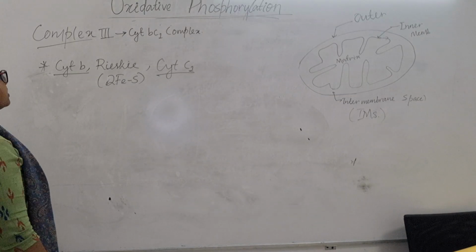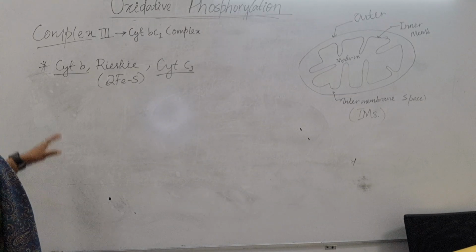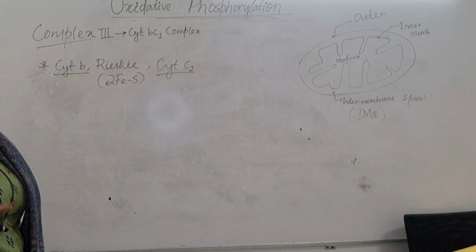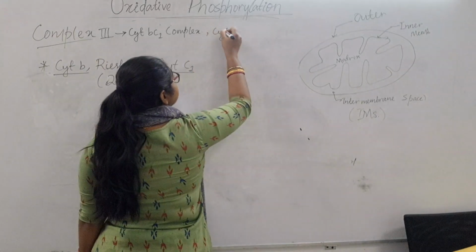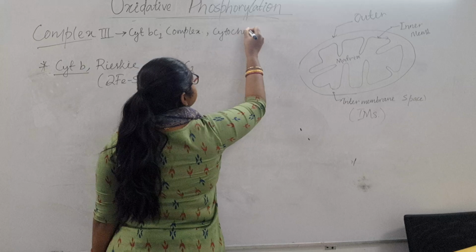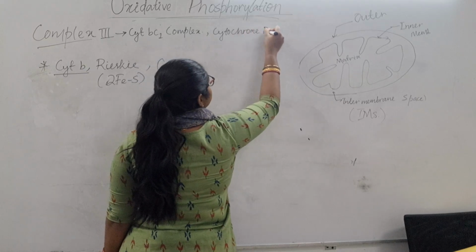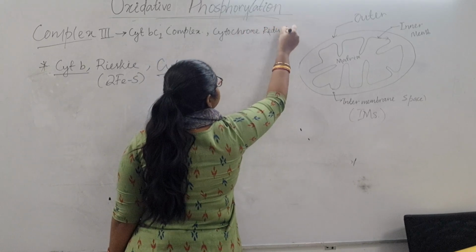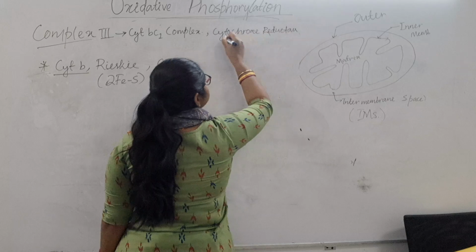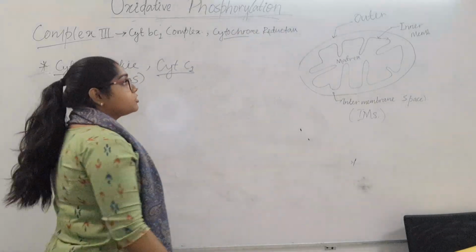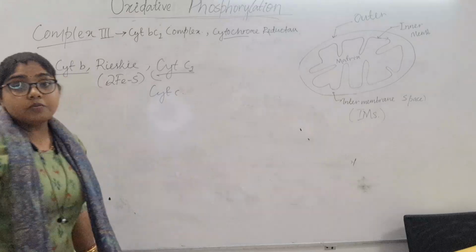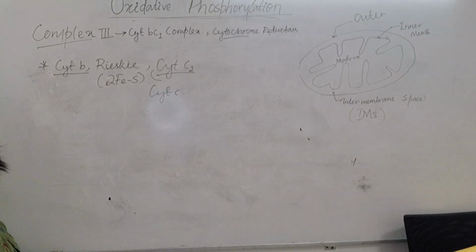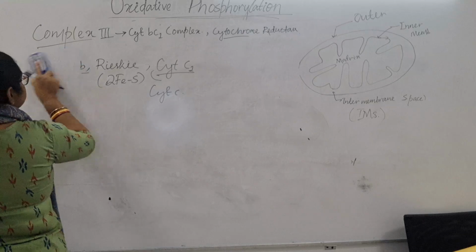It is also known as cytochrome reductase. From the name, you can guess that there will be reduction of the cytochrome molecules. Now we'll see the structure of complex 3 and the mechanism of complex 3.